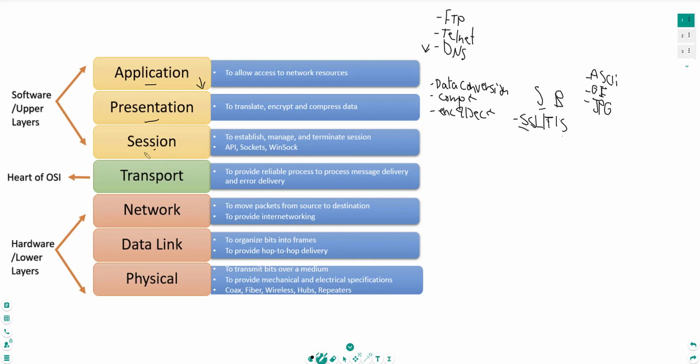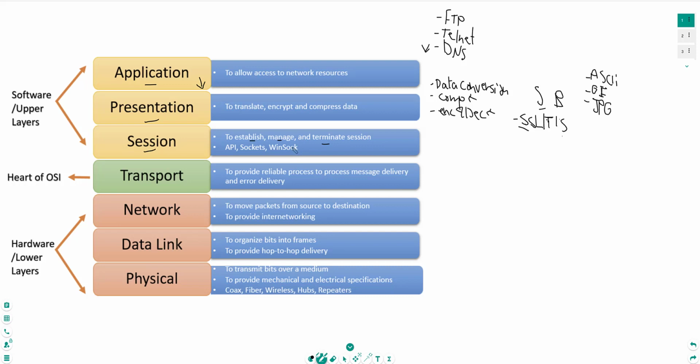Now going to the session layer, what is its job? The session layer is used to establish, manage, and terminate sessions between end user applications. Maybe two users are making a phone call on a voice over IP application.